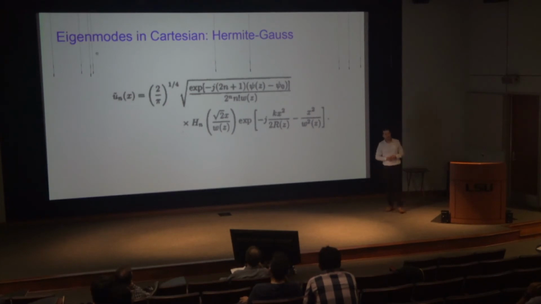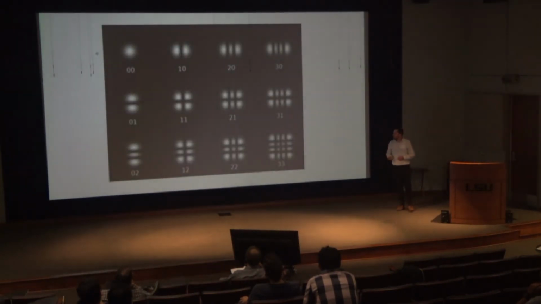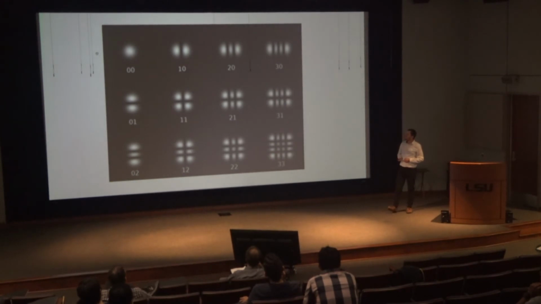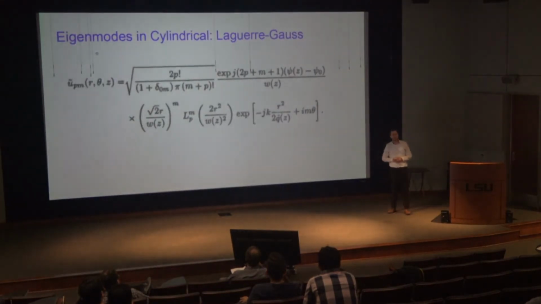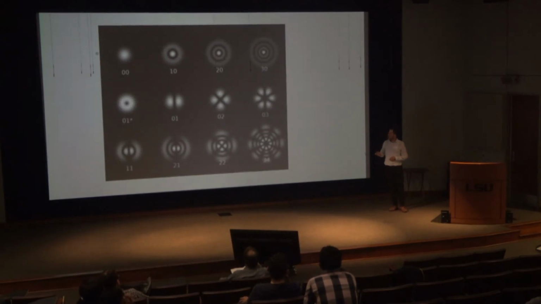And it has these eigenmodes in Cartesian coordinates, the Hermite-Gauss modes, which look like this. For 0,0, you have the fundamental Gaussian mode, and then you have all these higher order modes. If you solve this in cylindrical coordinates, then you have the Laguerre-Gauss set, and they look like this.